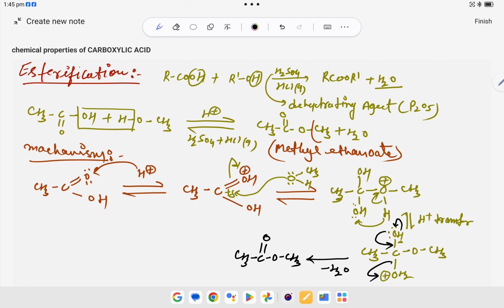Check it. This species will leave, and here a double bond forms, hydrogen leaves, and your product ester is formed. That is our ester. Esterification completed.